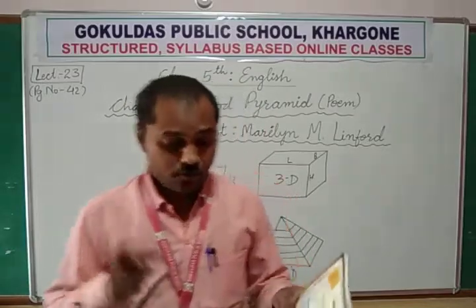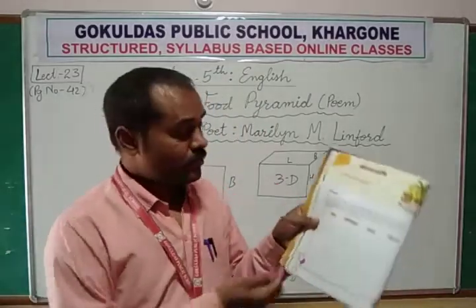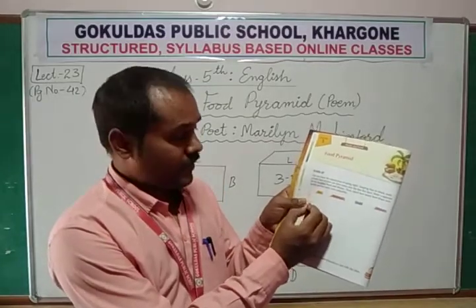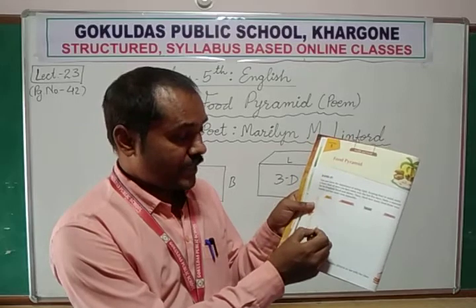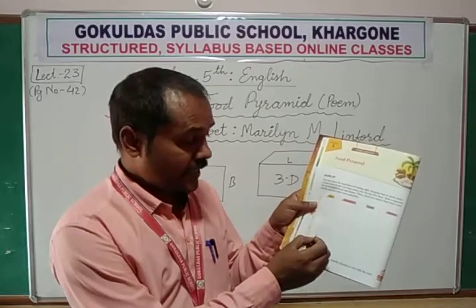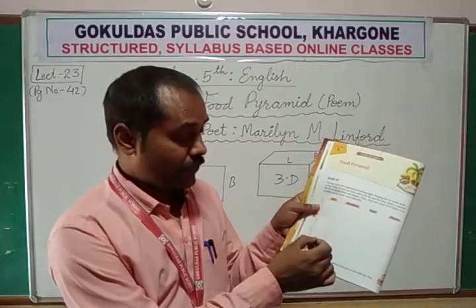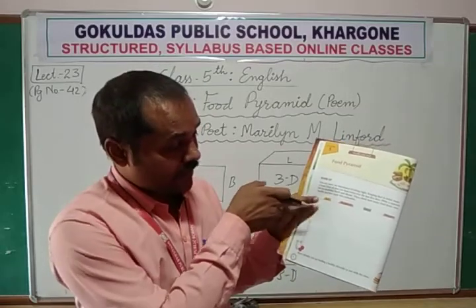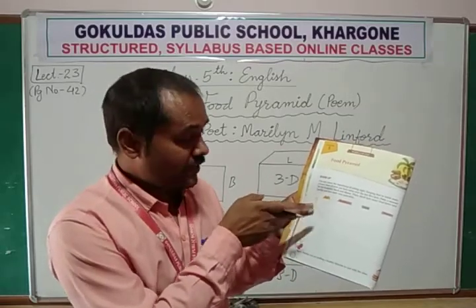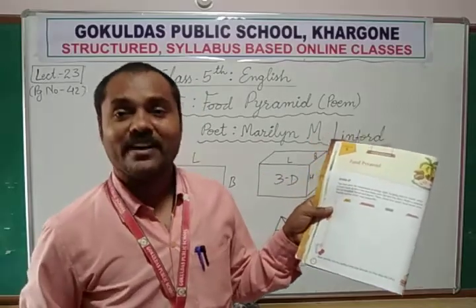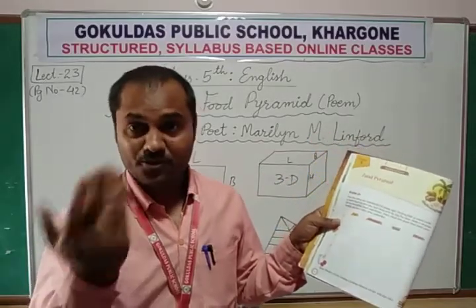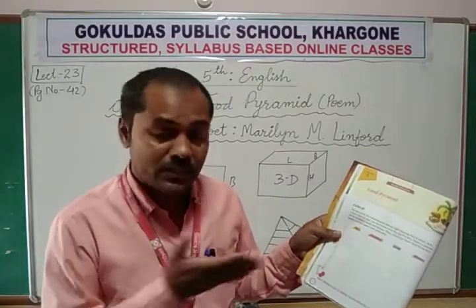So if today is Wednesday, I will start with Wednesday, then before Wednesday, Tuesday, then Monday, then Sunday, and before Sunday, Saturday. So Wednesday, Tuesday, Monday, Sunday, and Saturday. In reverse order I will write. So you should also write in the reverse order.